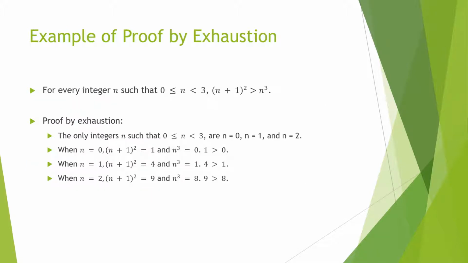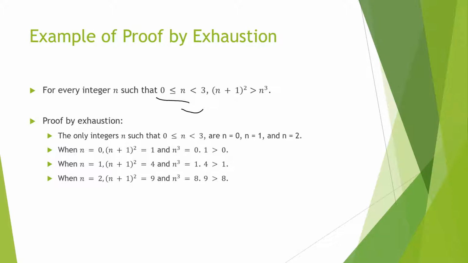So in this slide, I'm going to show you an example of proof by exhaustion. Let's assume that we are going to prove that for every integer that is greater than or equal to 0 but less than 3, (n plus 1) squared is greater than n cubed.